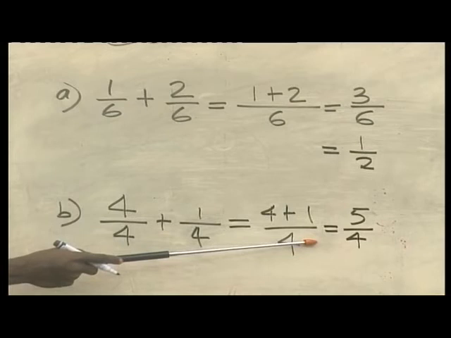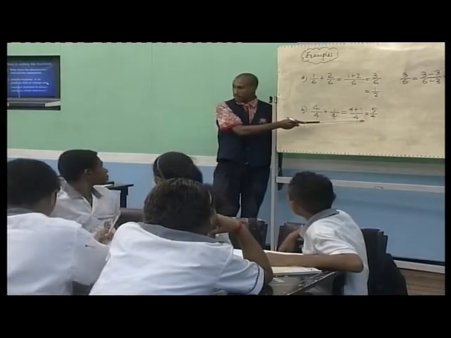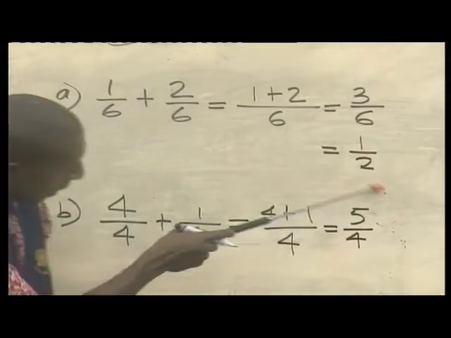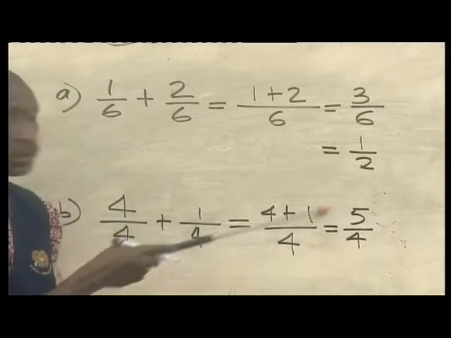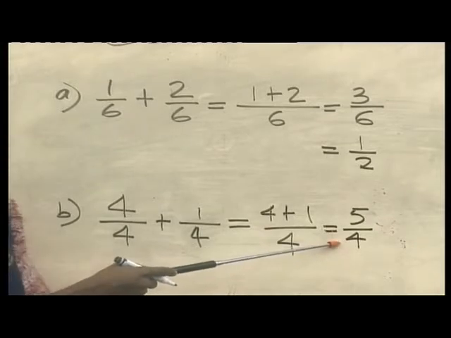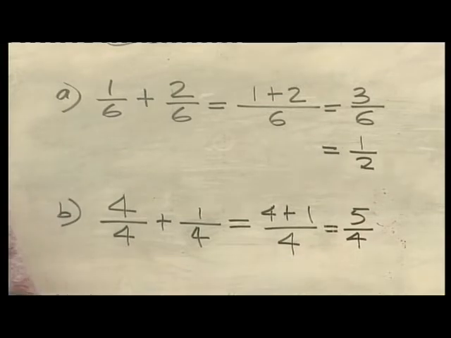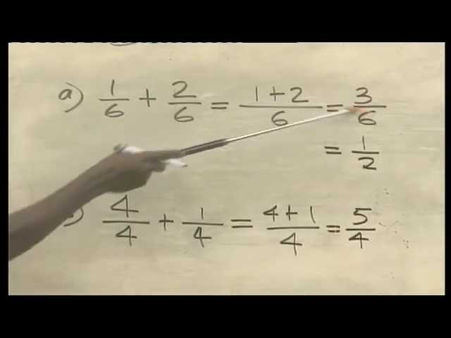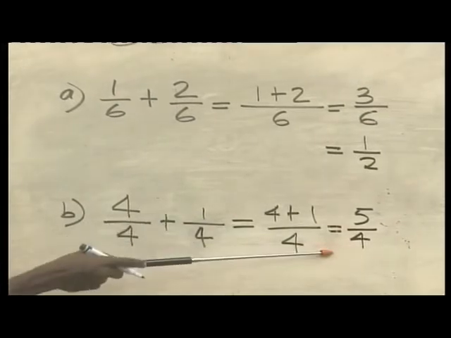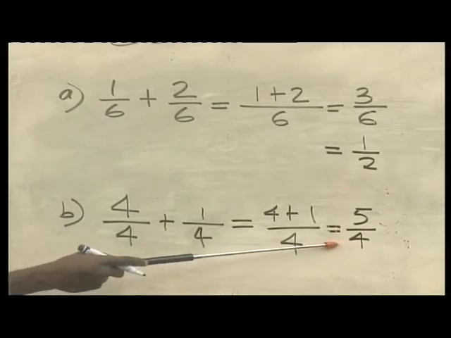Can we simplify this fraction? This fraction is an improper fraction. So we need to change this improper fraction to a mixed number. In the first example we simplified the fraction to half. In this example, this time the answer is given as an improper fraction. So we need to change 5 over 4 to a mixed number.